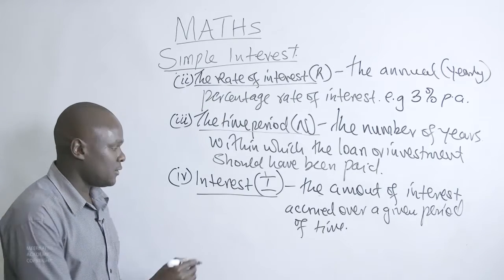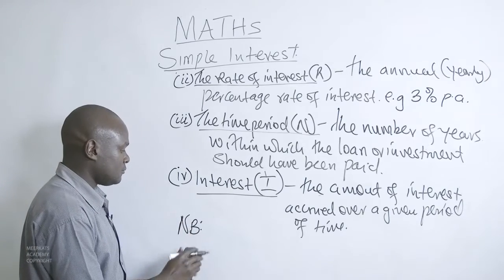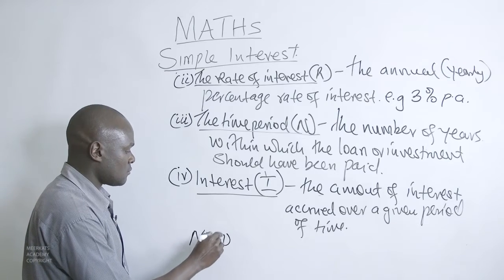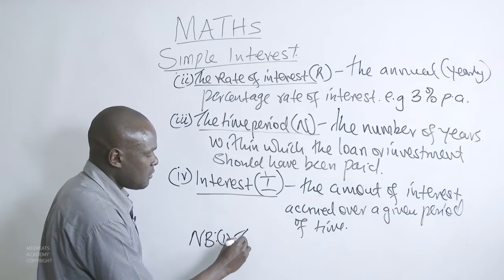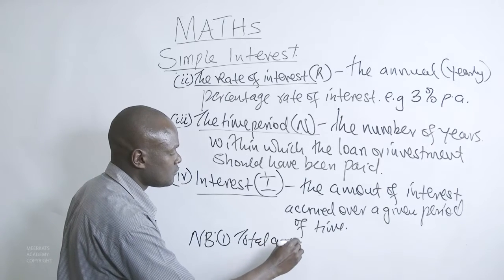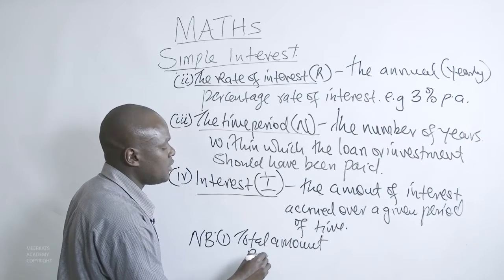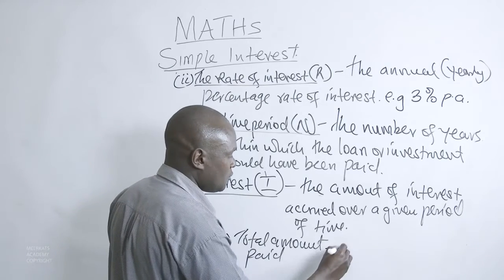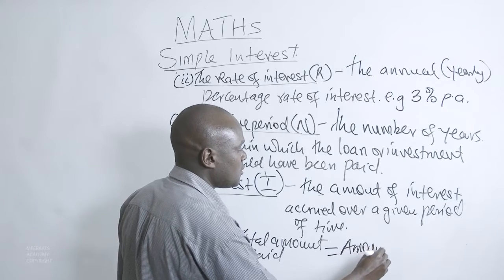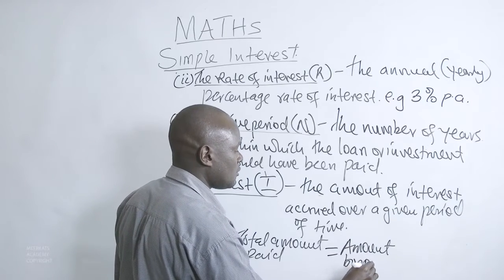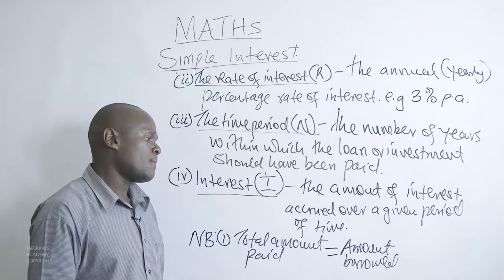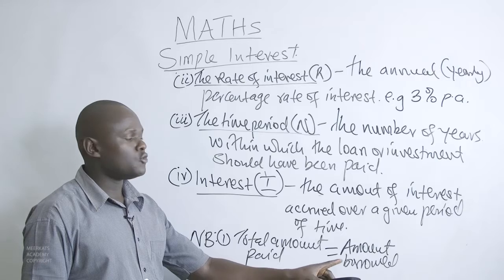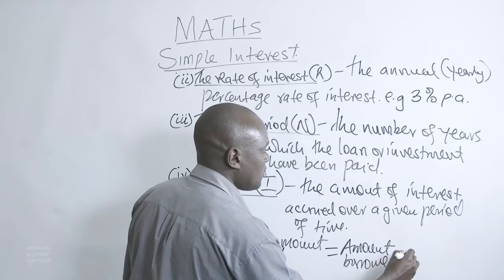So we can say the total amount paid at the end of the duration should be equal to the amount borrowed plus the interest in the case of a loan, and if we are talking about an investment, then it will be the amount invested plus the interest.